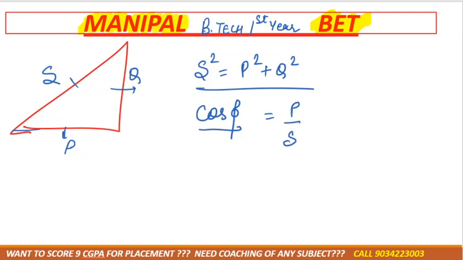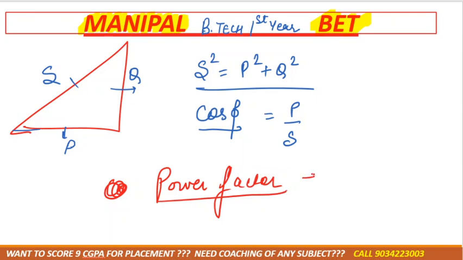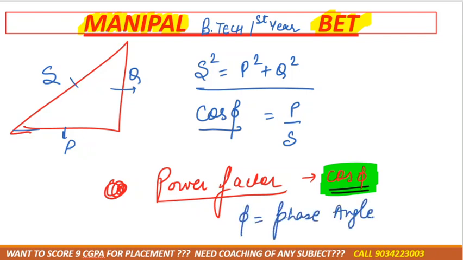Now the most important thing, whenever they ask you about power factor, although it's not in your midterm, you should know, power factor is nothing but cos phi, okay? That is cosine of the angle between voltage and current. What is phi? Maximum of the students think that power factor is phi. No, phi is the angle, that is the phase angle, and it's always the angle between voltage and current, okay?